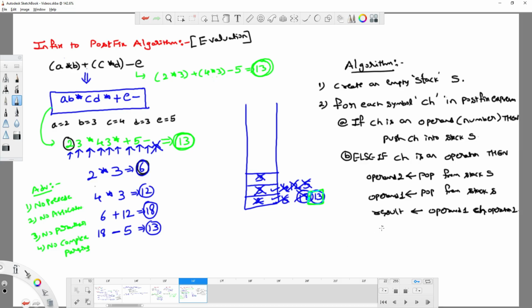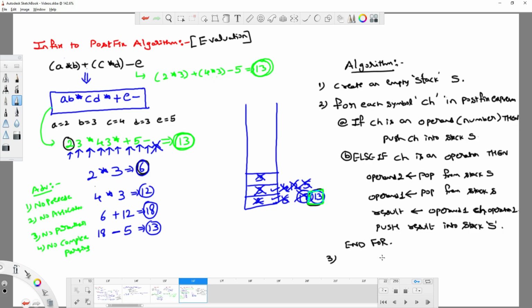Push result into stack S. This process will continue until the for loop is done. After completion of the for loop, the result will be the final answer.